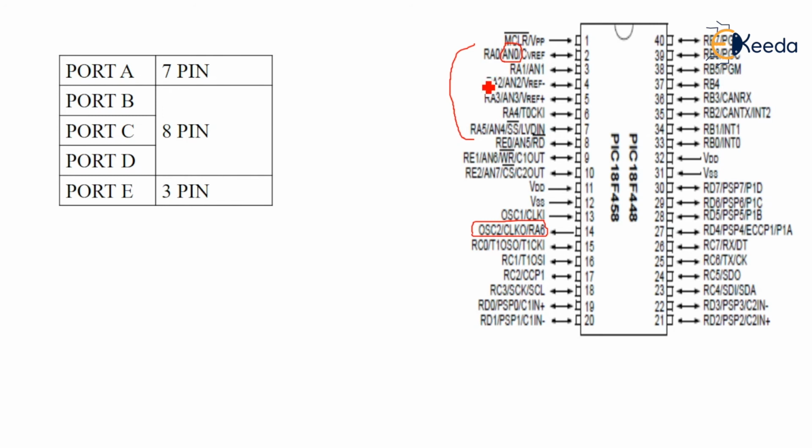Here RA2 is assigned as an input output as well as analog input channel 2 to the inbuilt ADC, as well as Vref to that same inbuilt ADC. We can configure this in our program. The manufacturer gives the facility to configure the pins.